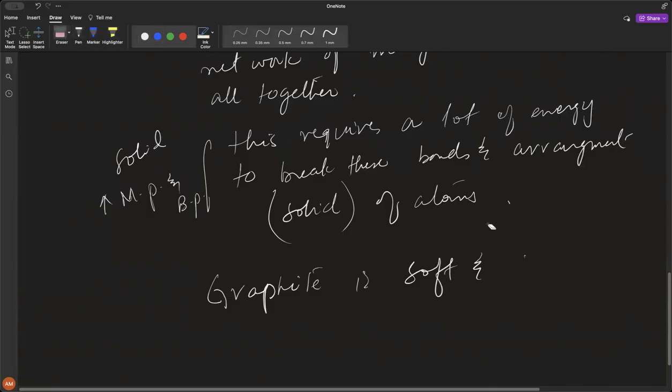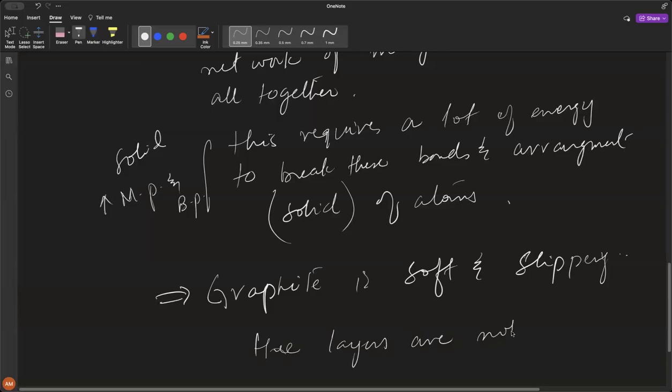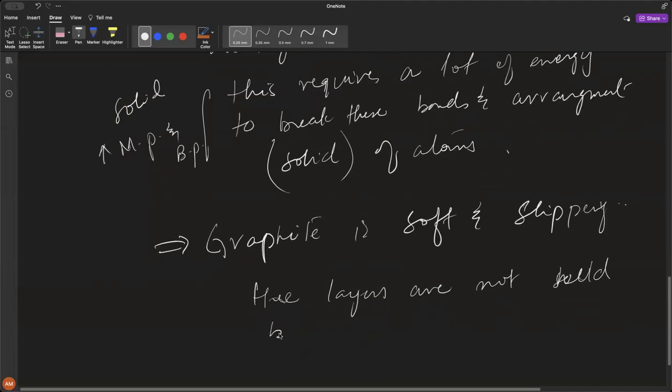Yes. Why? Because the layers are not held by strong forces, right?